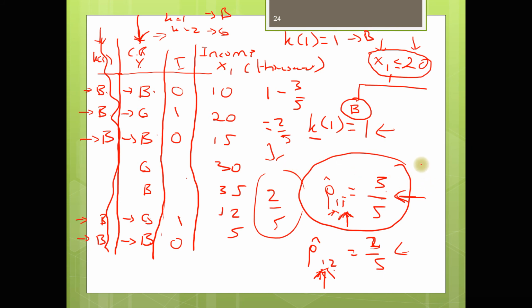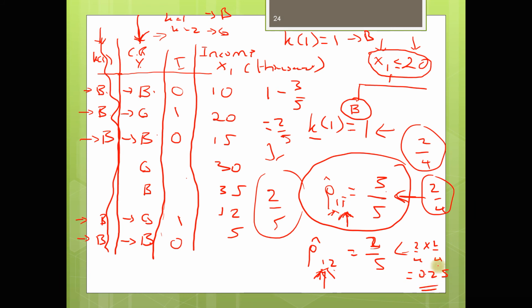Let's suppose we had 4 observations in all within that region, and you were having 2 as good and 2 as bad. That would have been a problem because then it would mean that if you multiply these two together, you would get 0.5 multiplied by 0.5, which is 0.25.